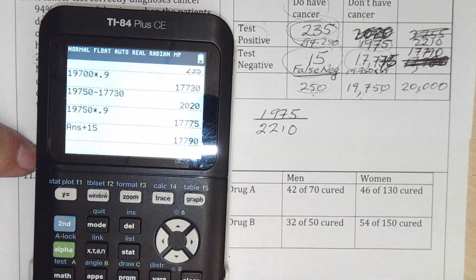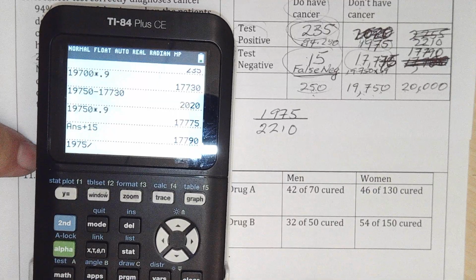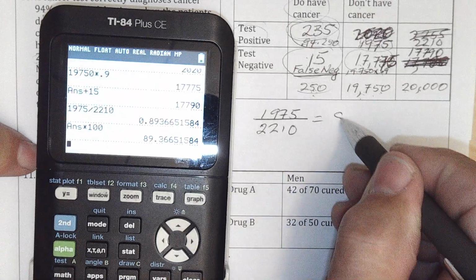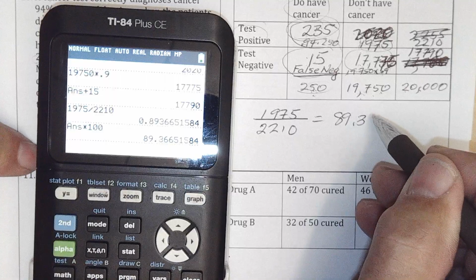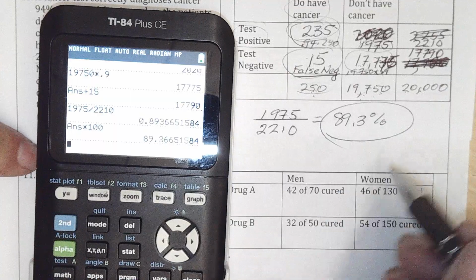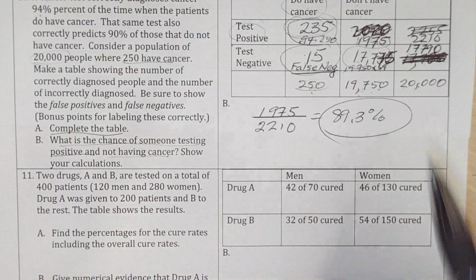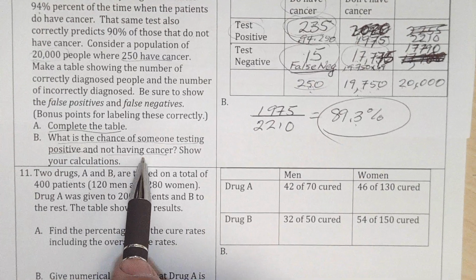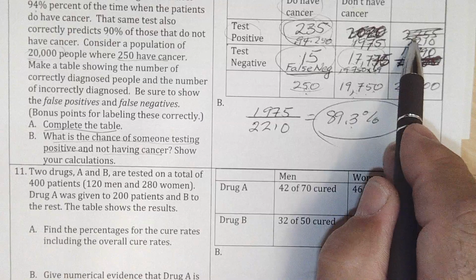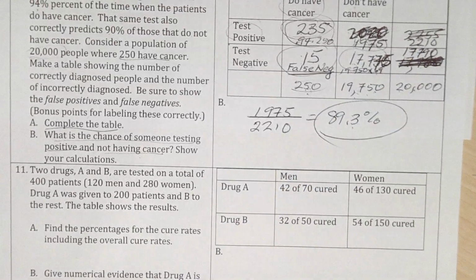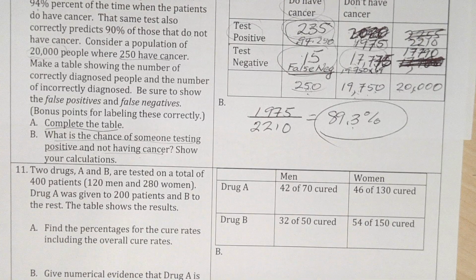So I've got to take 1975 divided by 2210 times 100 to get a percentage. It's 89.3. So there's an 89.3% chance of someone testing positive and not having cancer. Testing positive and not having cancer, this out of that. Okay.